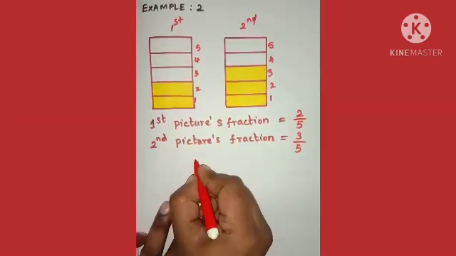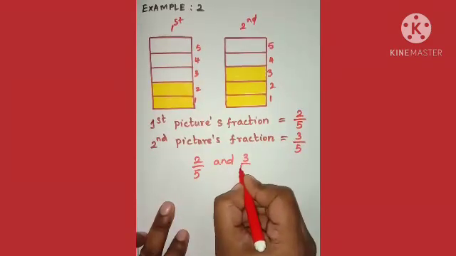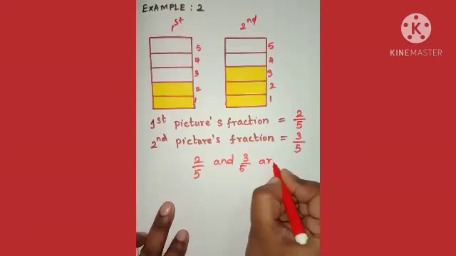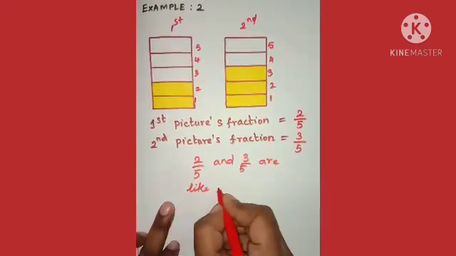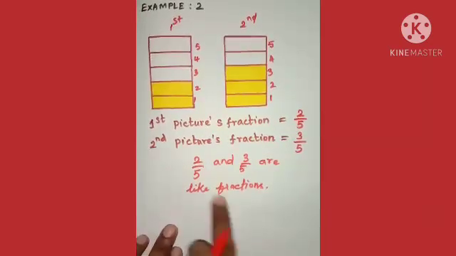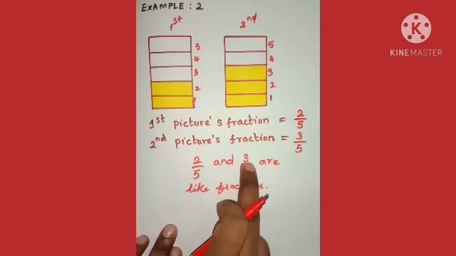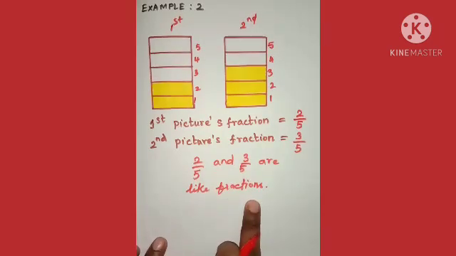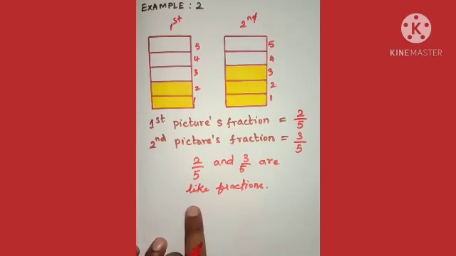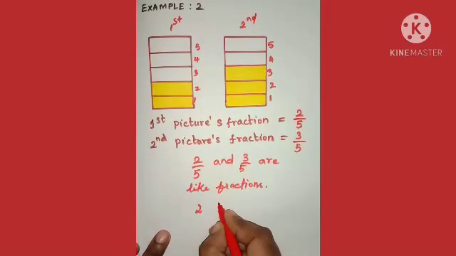Now 2 by 5 and 3 by 5 are like fractions, isn't it? Like fractions means that if the denominators are the same, then the fractions are known as like fractions. In like fractions, we can easily compare the given fractions by seeing the numerators. Take down the numerators 2 and 3.